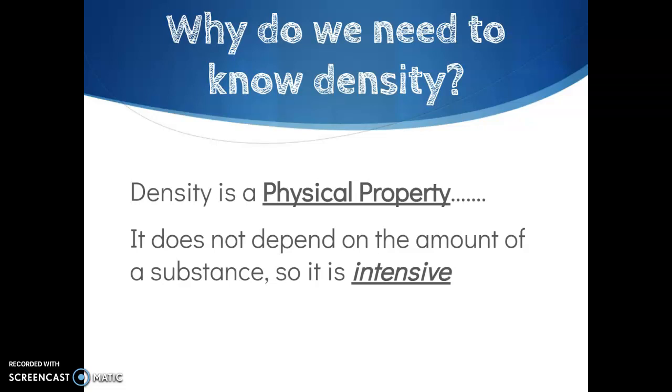Remember when we talked about physical and chemical properties, if it's intensive, that means it doesn't change based on the amount of the substance present. So intensive physical properties are density, things like pH, of that nature. Now remember, extensive physical properties do change based on the amount present. So that would be things like mass and volume.